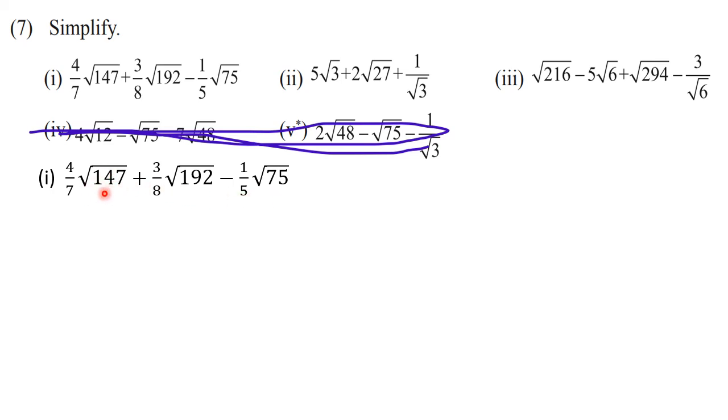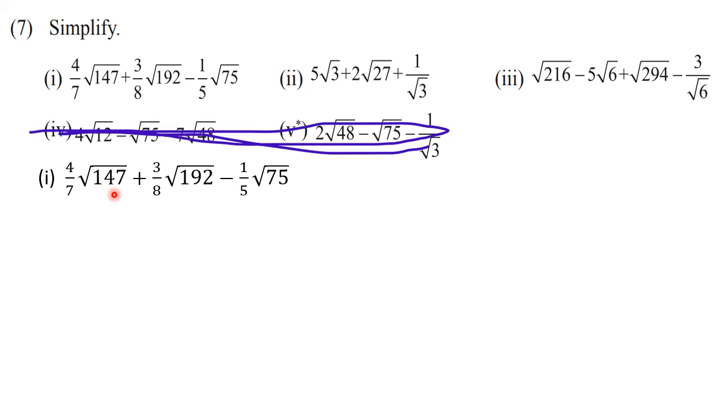So here we have to think of a factor of 147 such that one factor is a perfect square. So start thinking. The very first square is 4. 147 is not divisible by 4. Next square is 9. 147 is not divisible by 9. After that, next is 16.